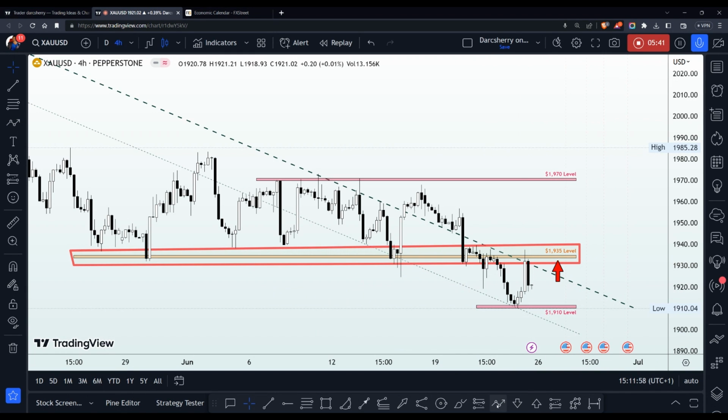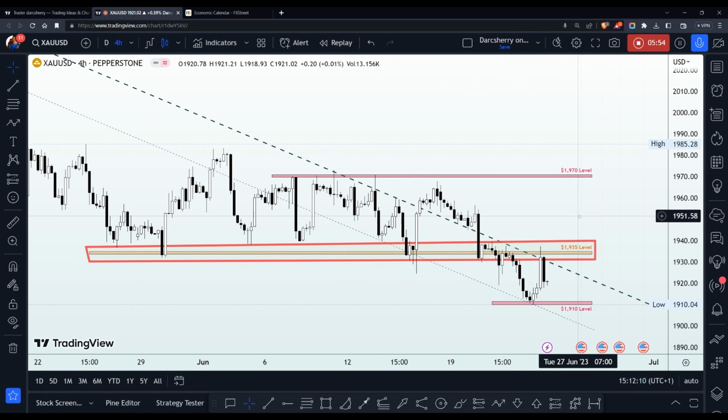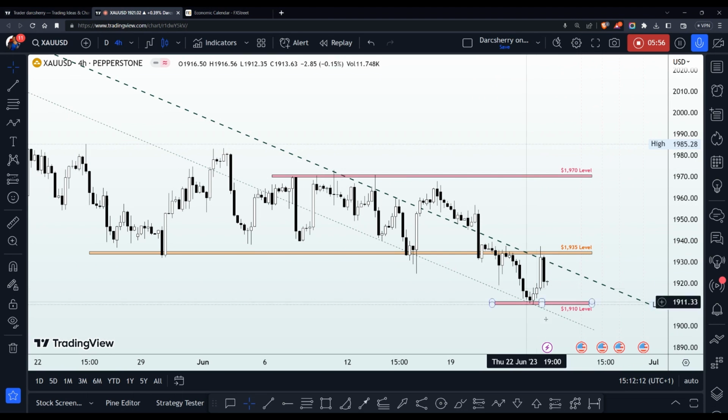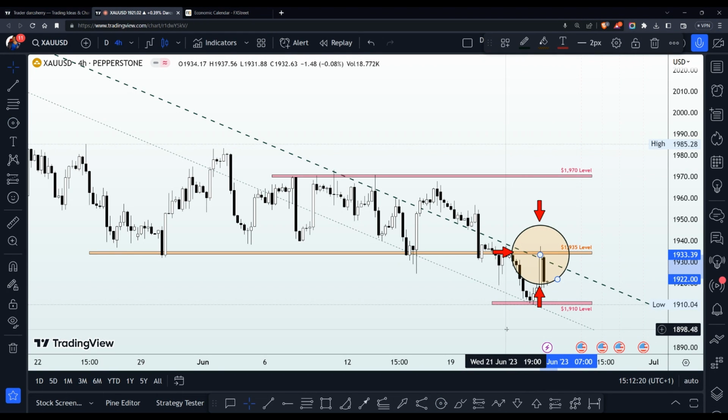However, if price action breaks out of the 1935 at any point in time next week, we would have no choice than to look out for buying opportunities in this market. So at this point, I will be pausing this video here as we wait to see how participants in this market will react to this key level or this zone during the early hours of the new week, to determine what our next line of action will be.